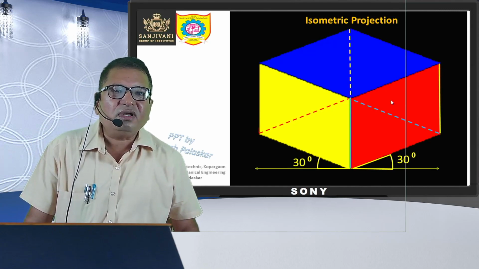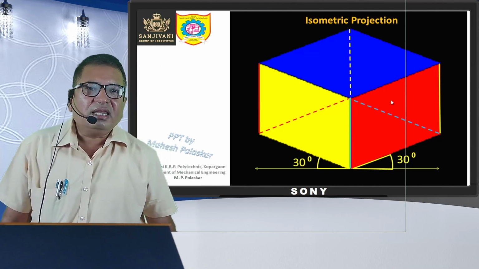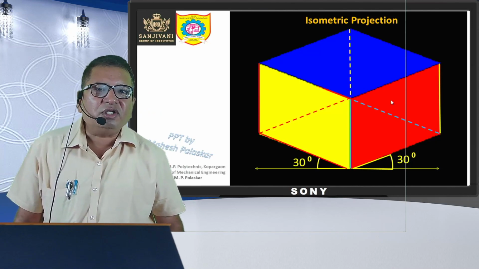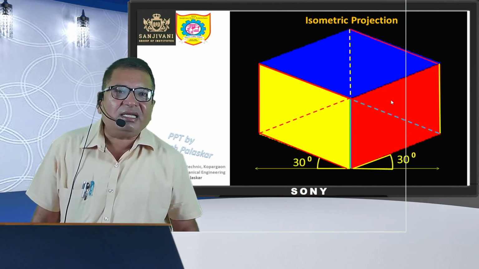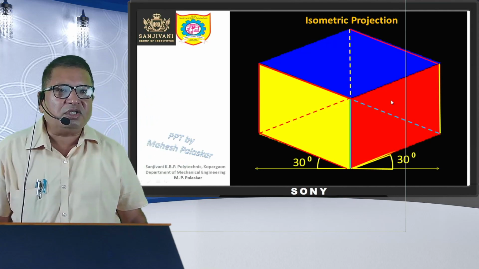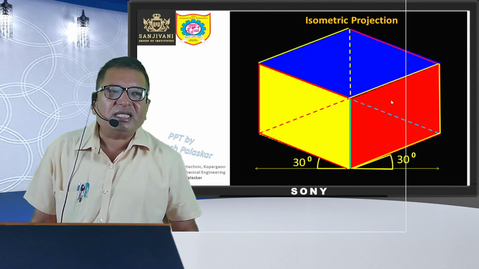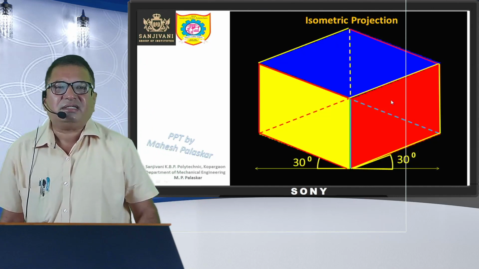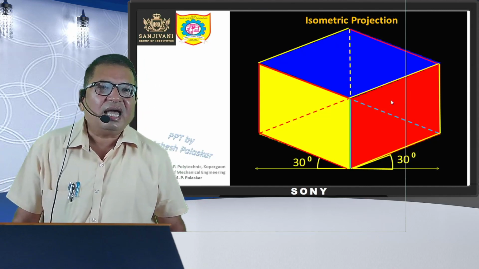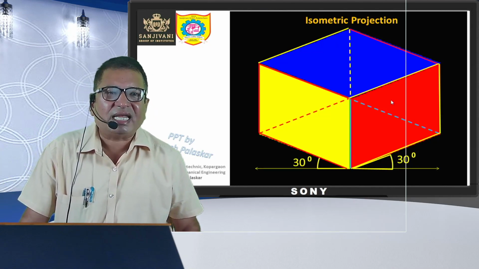These are the 4 vertical edges of the cube. Then the 4 horizontal edges which are parallel to each other, and the remaining 4 horizontal edges which are again parallel to each other. So we are having 8 horizontal edges and 4 vertical edges, total 12 edges.